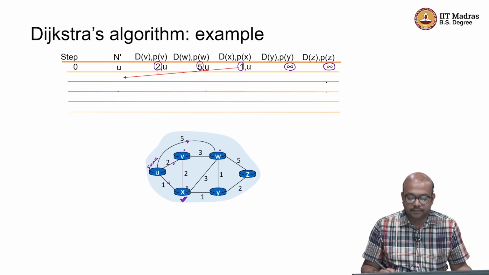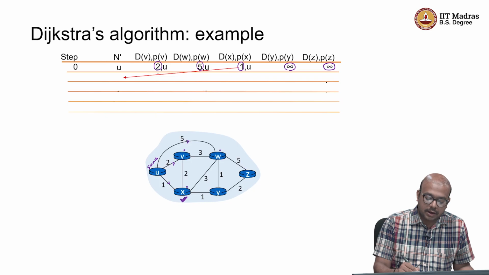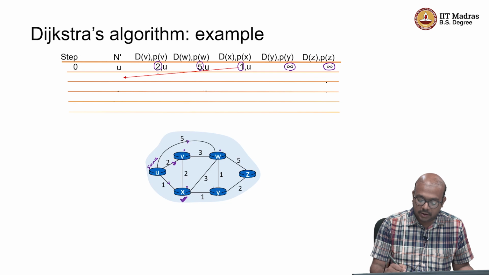If you look at v and its neighbors, is there a path through x that improves my estimation? Let us look at v. You have a current guess of 2, and the neighbors are x and w, y is not a neighbor.